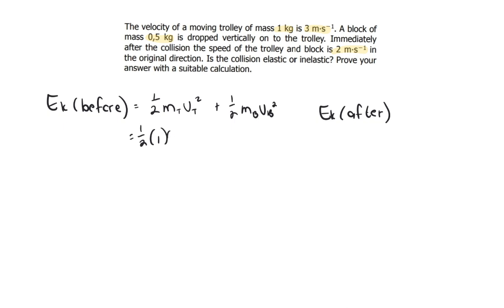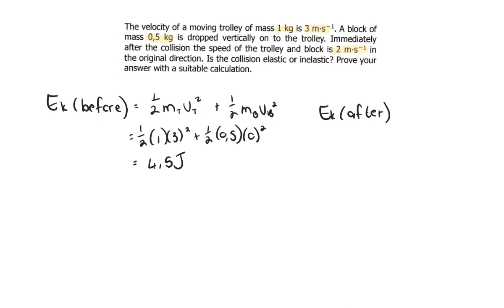It's a half times 1 times 3 squared plus a half times 0.5 times... And remember, the velocity is 0, like we looked at in the previous video. And then we see that the total kinetic energy is 4.5 joules.